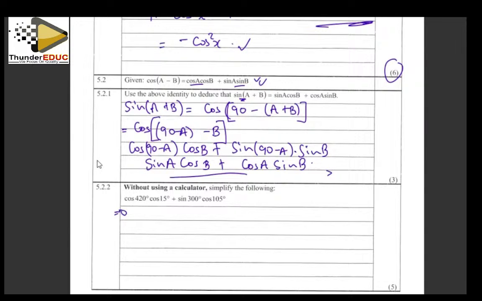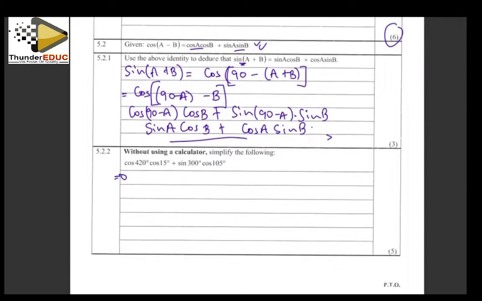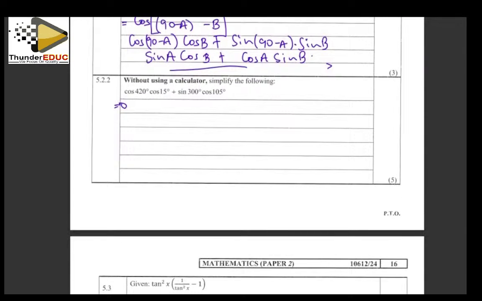Then 5.2.2. So since we do it using compound angles, which means even this should be using compound application. So 420, let me just break this down. So 420 is in the first quadrant, which is 360 plus 60, then cos 15.